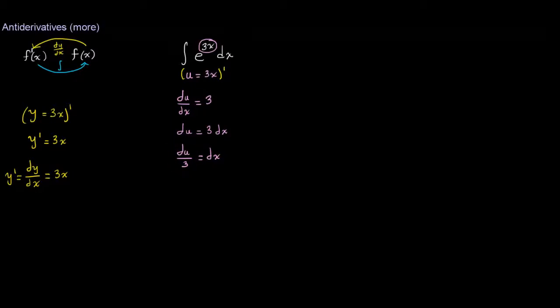Our goal here is that every x in the expression we are starting with has to be transformed into a piece of u. So this antiderivative will look like this: e to the u times dx, which we just found, is du over 3.